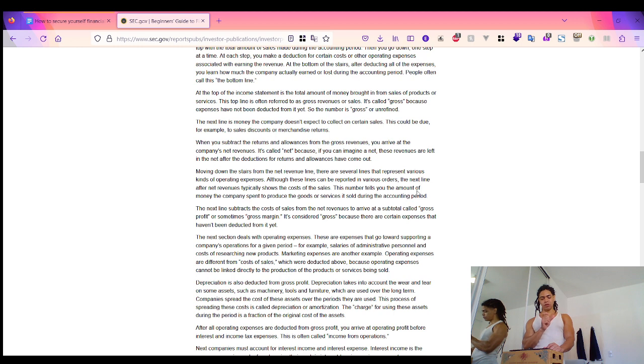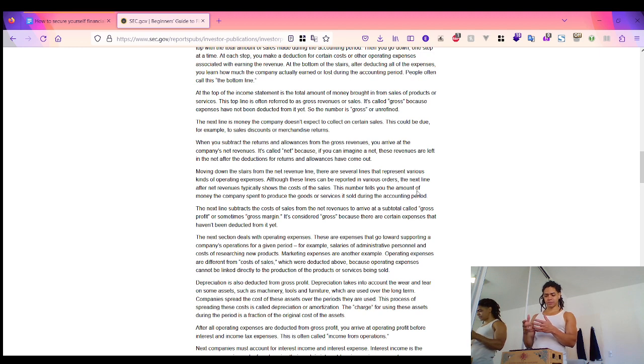Once you subtract the returns and allowances from the gross revenue, you arrive at the company's net revenue. They call it that because you can think of it as what is left in the net after the deductions for allowances and returns have come out.